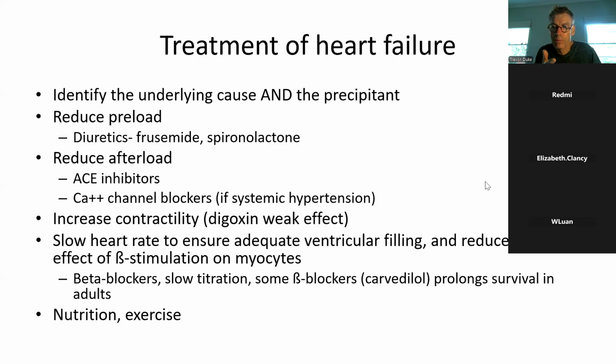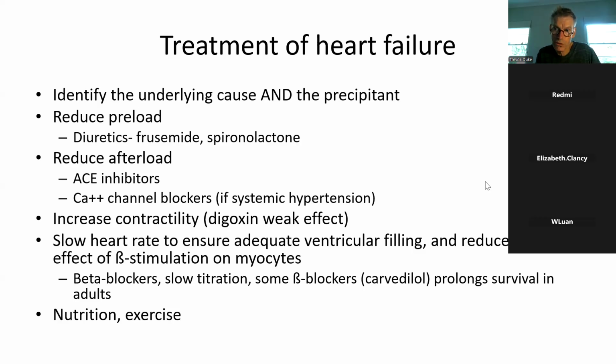And if a child's got impaired myocardial contractility, there's some other medications that can be given. But first of all, reduce the preload, reduce the afterload, and then think about the contractility. Unless a child's got severe forward failure and they're in cardiogenic shock, then they need something to improve contractility.